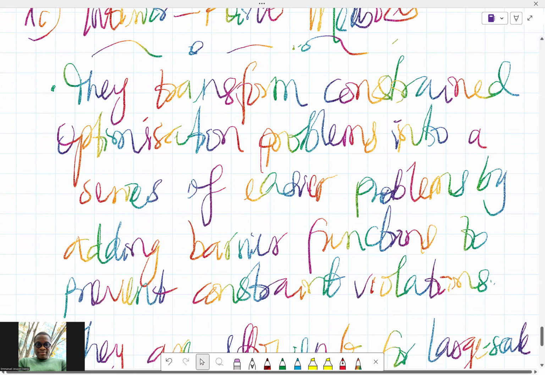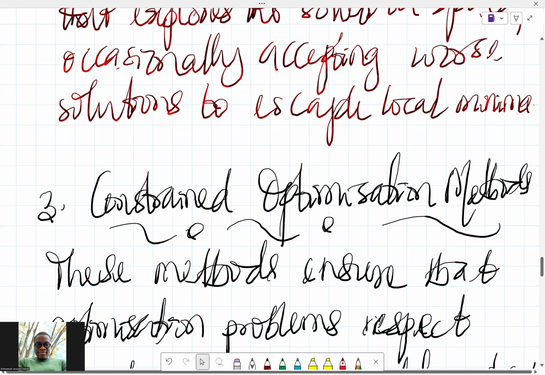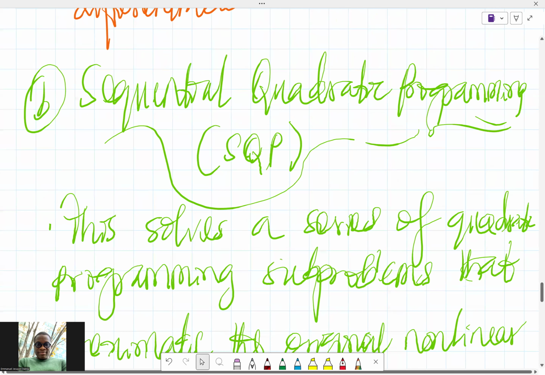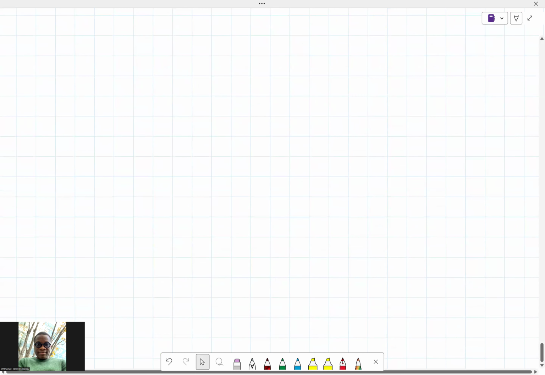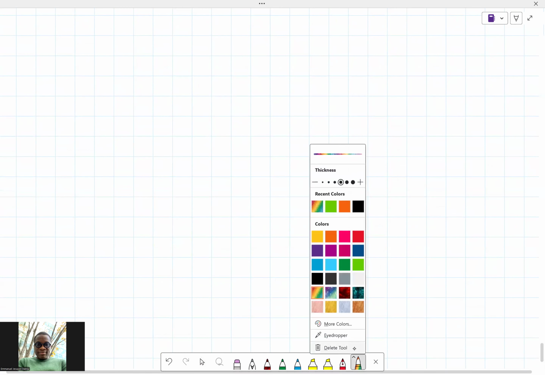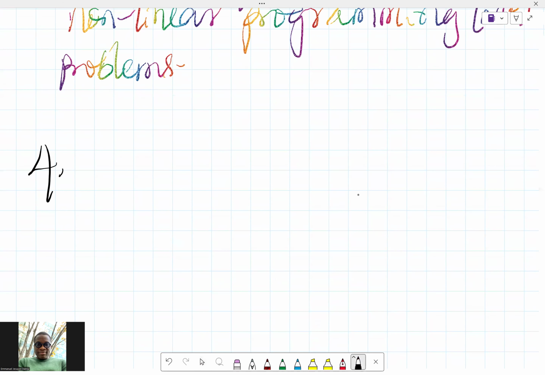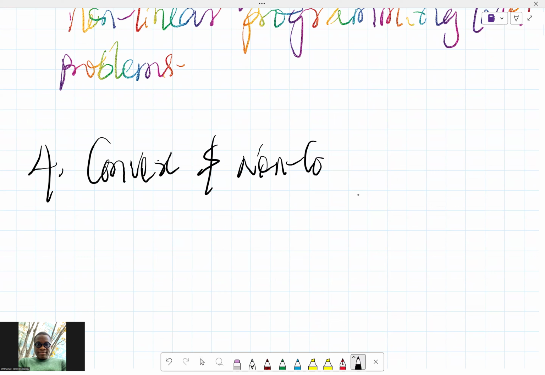So we have seen the third category of problems, constrained optimization problems. We have a fourth category. We are in for a very comprehensive experience. The fourth category talks about convex and non-convex optimization.